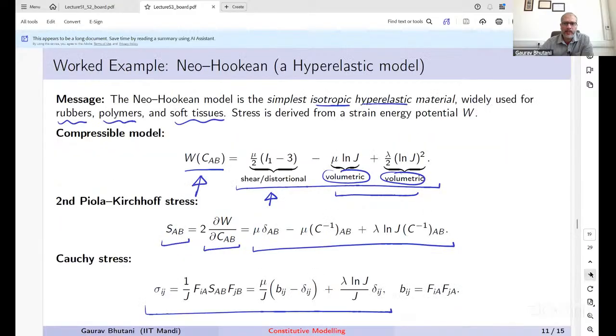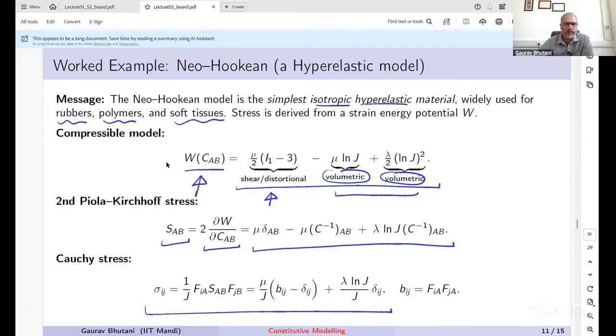And then we demonstrated a discussion of hyperelastic models through a particular kind of model called the Neo-Hookean model, which is used a lot for polymers, rubbers or soft tissues. In this case, the W function is expressed as a sum of the shear and volumetric terms like this.